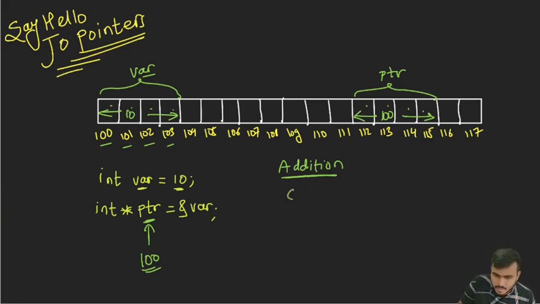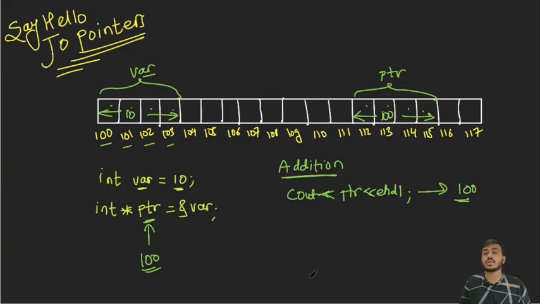See, if I write cout ptr, then what will be the output? Basically the output of this line will be 100, because right now ptr is storing 100 as its value, right? Let's apply the addition operation. So if I write cout ptr plus 1 followed by endl, now just try to think what will be the output of this line.